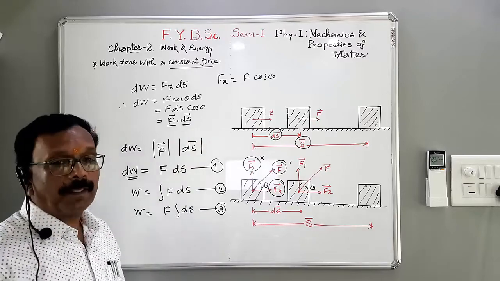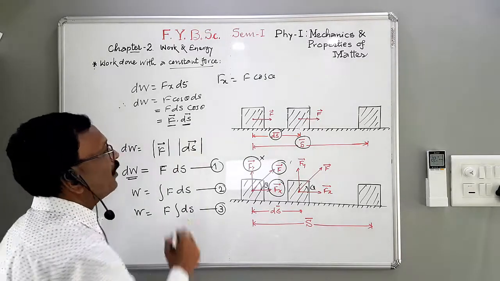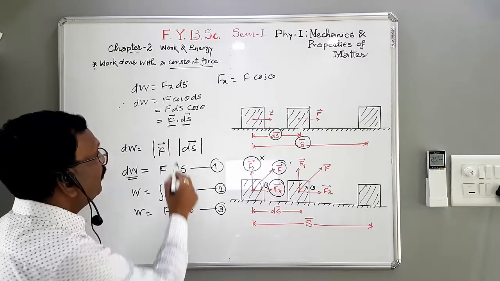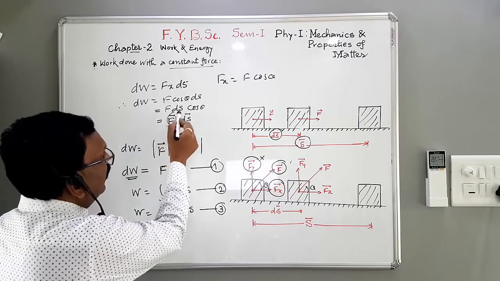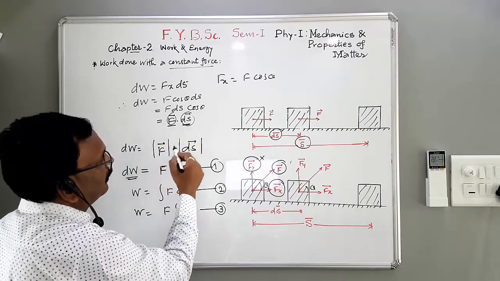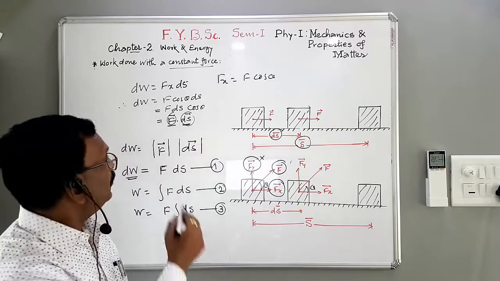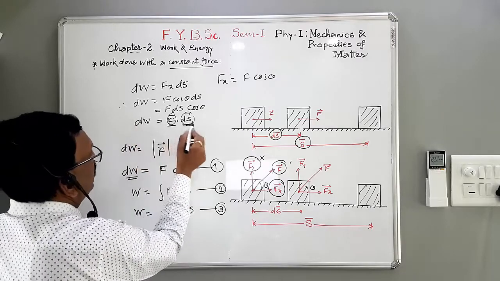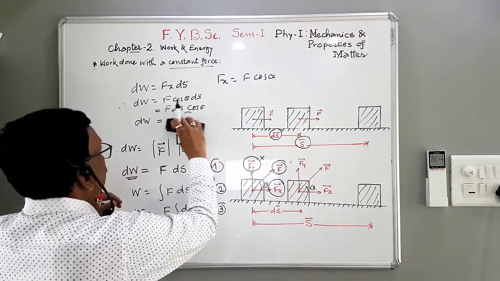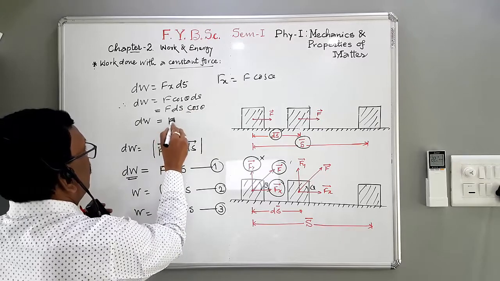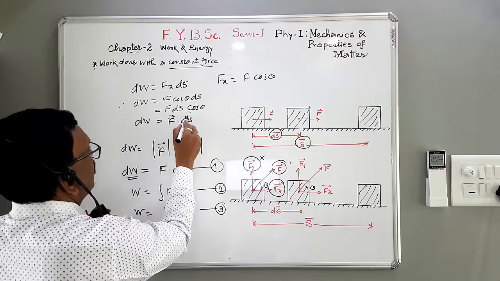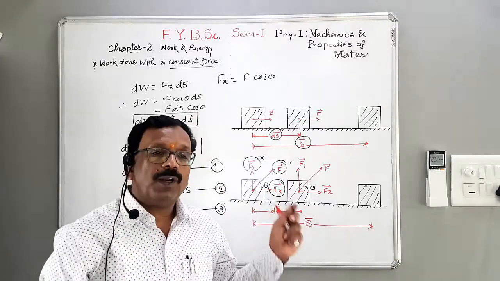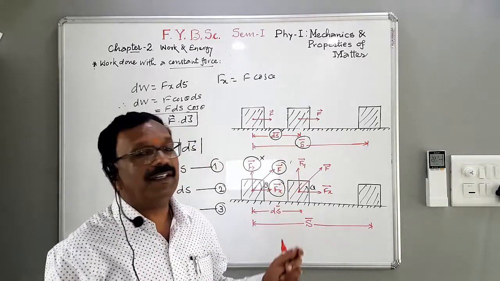These two quantities are vector quantities, and when we take the dot product of these two quantities we get F ds cos theta, where F is the magnitude of this force and ds is the magnitude of this displacement, and theta is the angle between these two vector quantities, and hence we can write dw is equal to vector F dot vector ds.